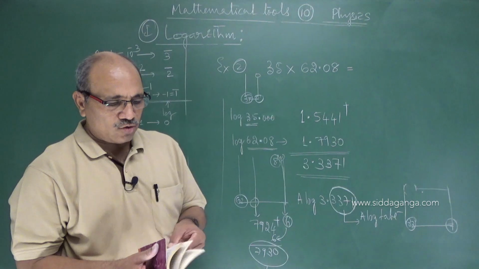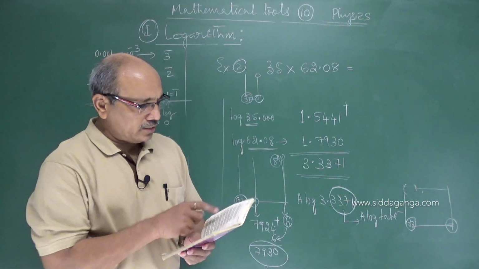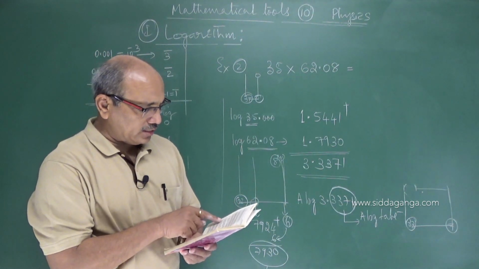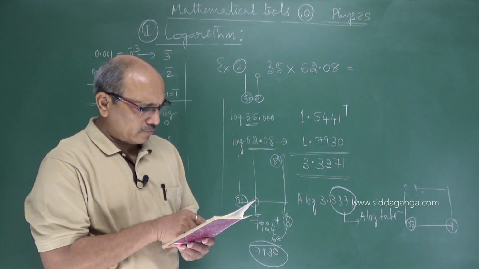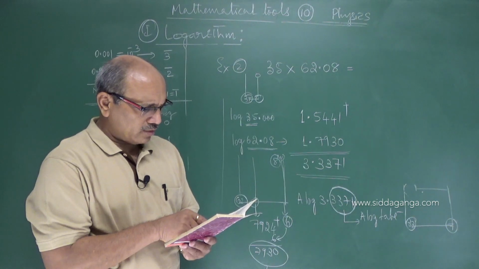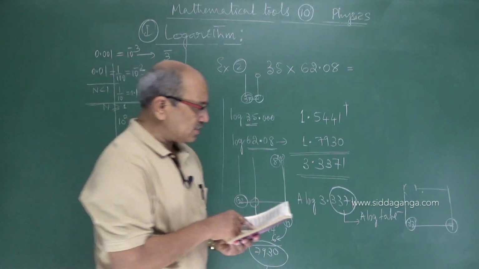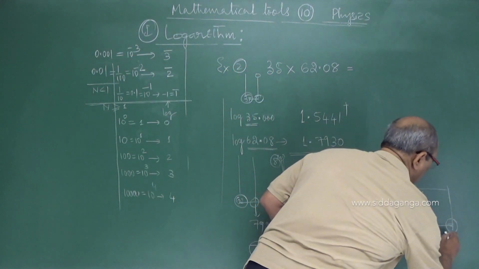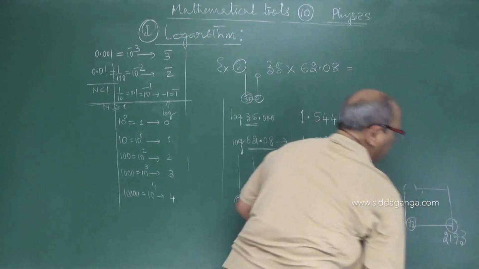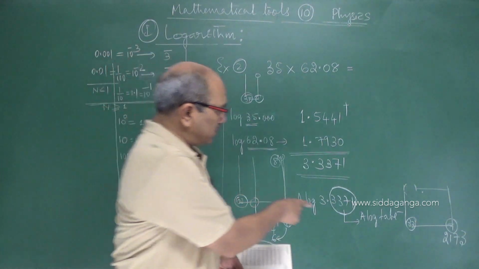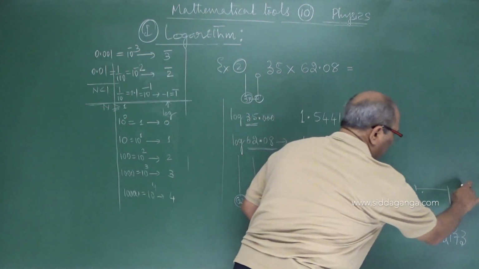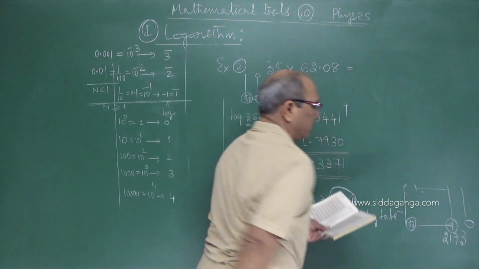So anti-log open. 33, you see point 33, the 7th one. If you come to the 7th, we will get 2173. Here it is available, 2173. And the mean difference is 1. Again 1. I have to come from the mean difference to the same level.